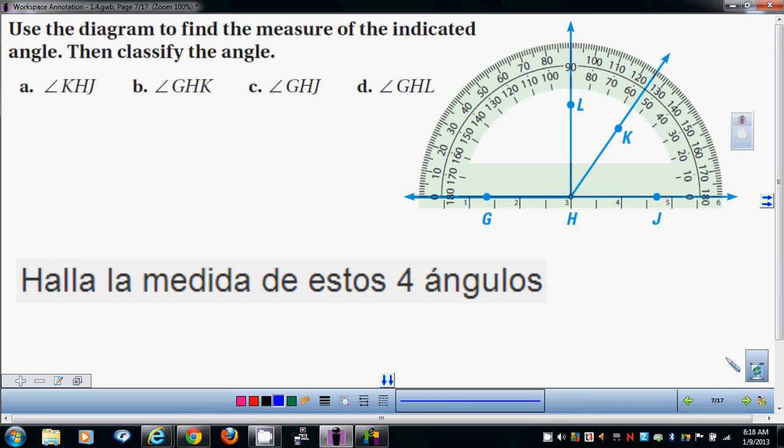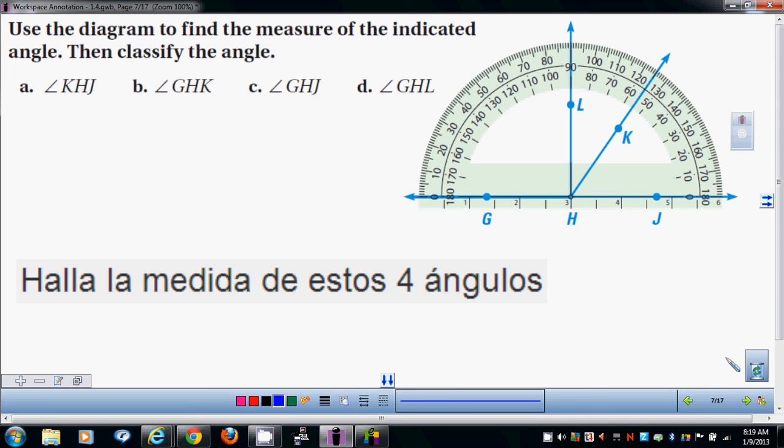What do you think? Nice and loud. I don't care who says it. Somebody back there. What do you think? I can't hear you. Blake. It is. Very good. If it forms a corner like that, a sharp corner, it's a right angle, and it is 90 degrees. We need to make sure we know that next time.